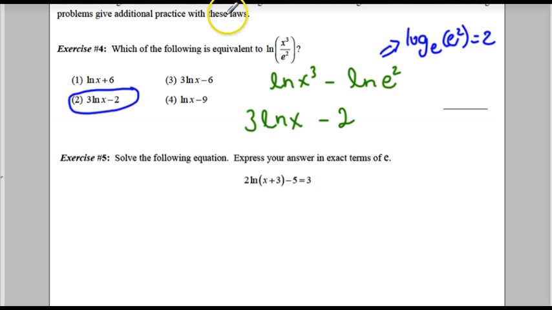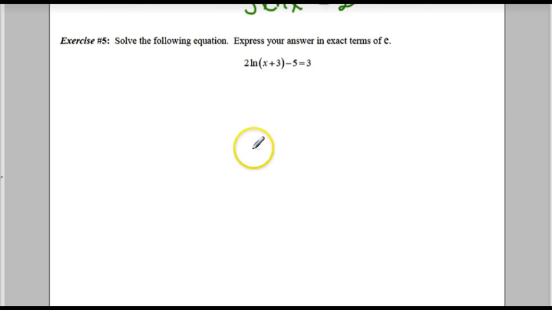Now the last question that I want to look at says, solve the following expression, express your answer in exact terms of e. So now let's try to solve this really quick. We have 2 ln of x plus 3, I'm going to get rid of that 5, is equal to 8.